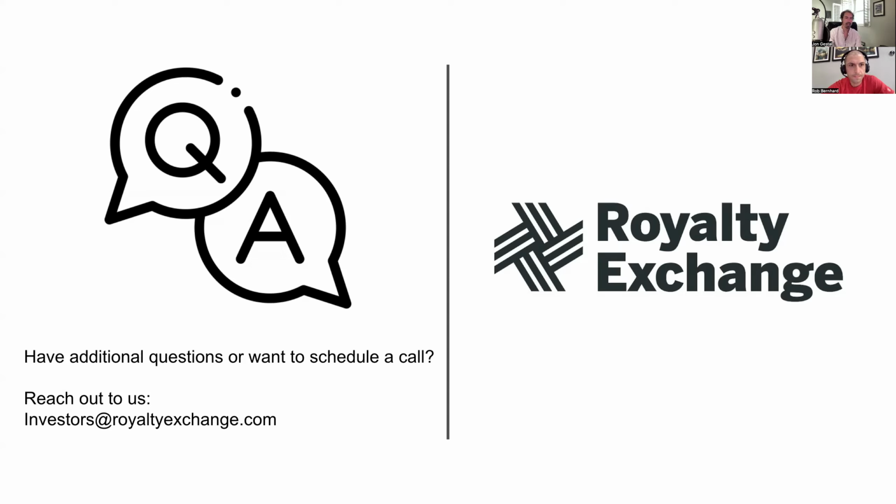Next one here. How can I access more granular income data? How can I see earnings of closed deals? And tell me more about the All Access membership. Okay, so first part, how can I access more granular income data? You can't. We provide everything as granular as it comes.